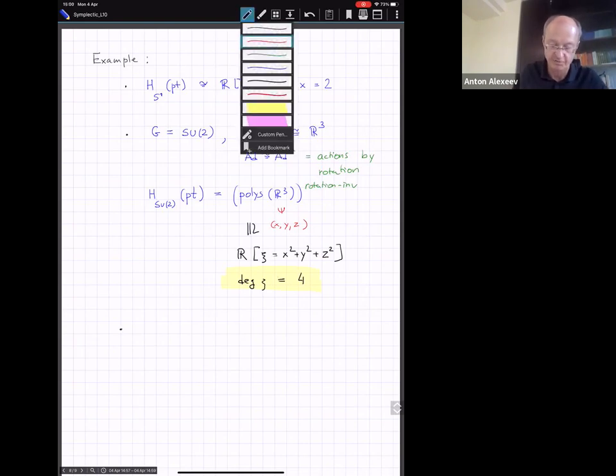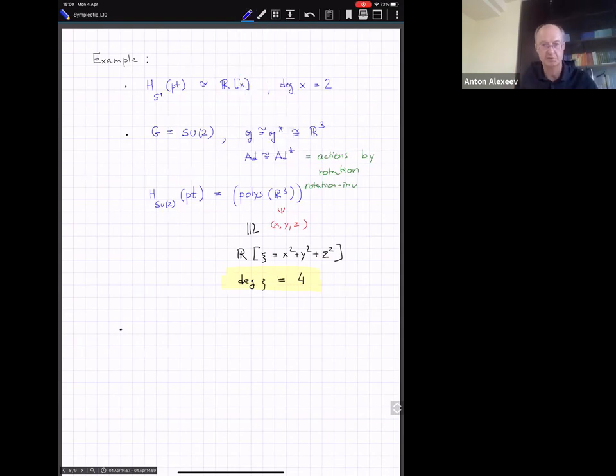So now let's ask the following question. Remember, in the abstract story, I said that if we have a subgroup H of G, then normally we should have a natural map from the G equivariant cohomology of any G space to the H equivariant cohomology of the same space. So in particular, the G equivariant cohomology of a point has a natural map to the H equivariant cohomology of a point.